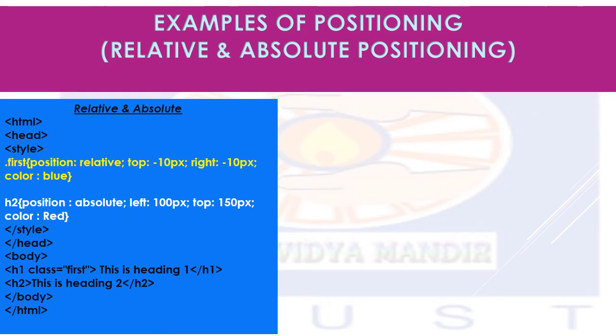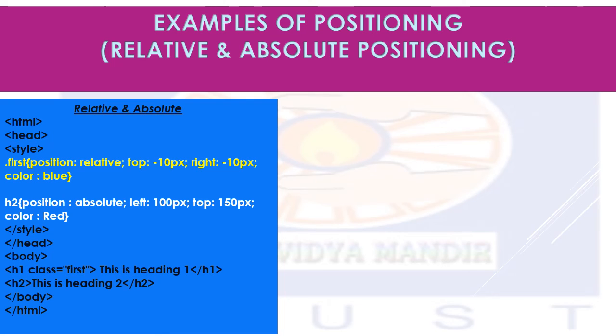In relative position you can give the attributes as top and right, and that is what is given in this program. On the top it is given -10 pixels, and on the right property we have given the value as -10 pixels. We have also given the property color and the value as blue.